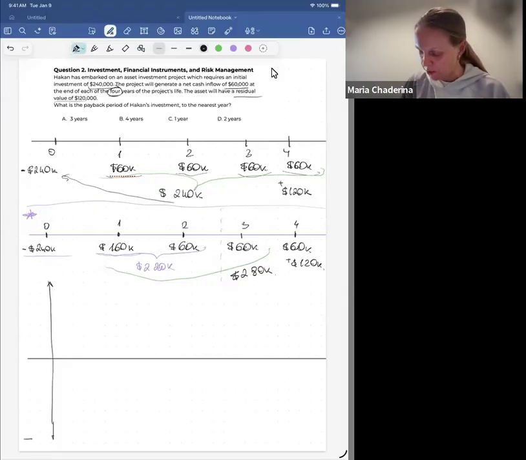So we started with an outflow of $240,000. That's our original investment. In year one, I add minus 240 plus 160, and I'm going to be still in the minus, right? So at year one, that's minus 80.